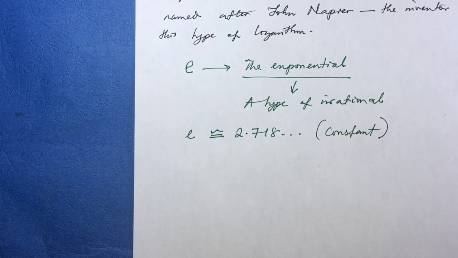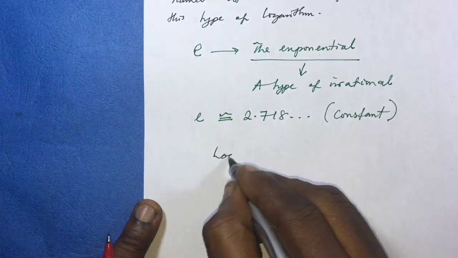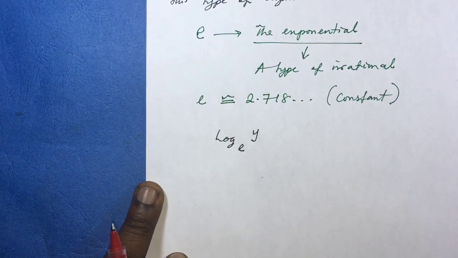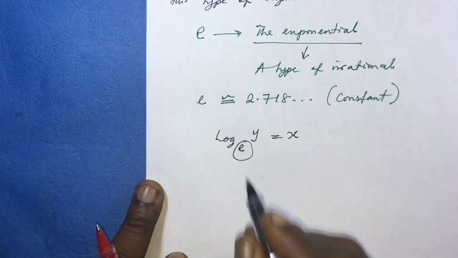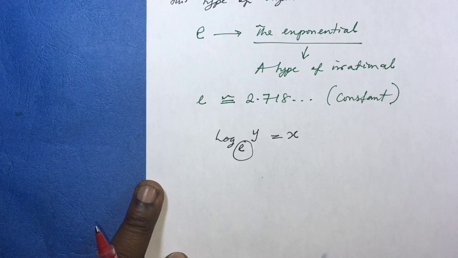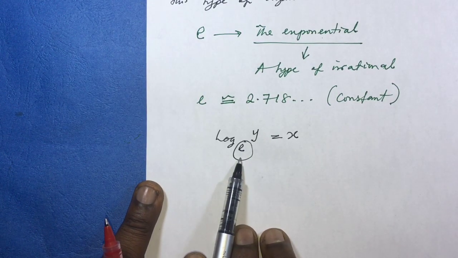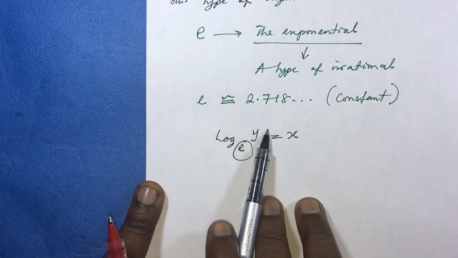Okay? So, if you take the logarithm of a number y in this base e to get a number x, this base gives this type of logarithm a name called the natural logarithm of y. So when you take the number y in a base e, which is the exponential, you are no more looking for just any type of logarithm. You are looking specifically at obtaining what is called the natural logarithm of y.